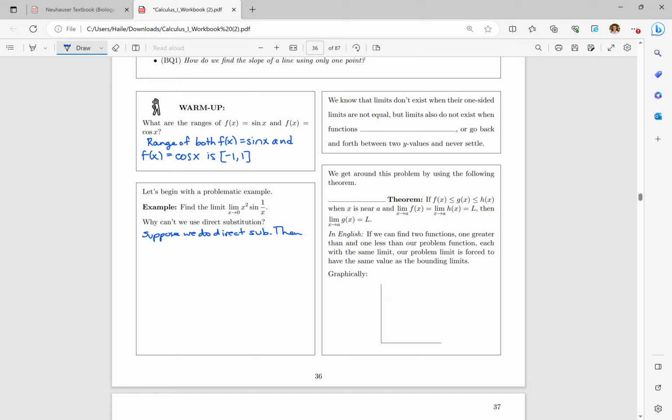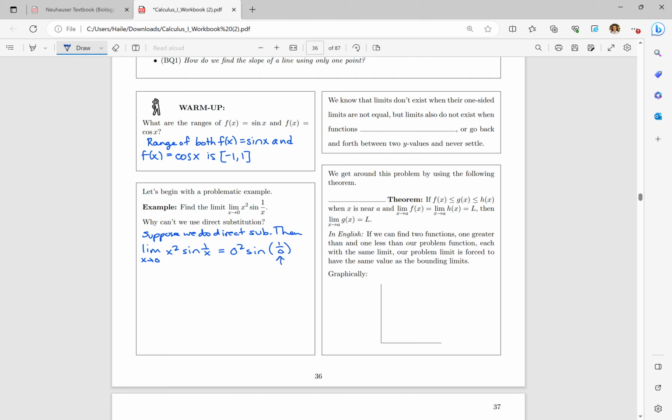Then we get the limit as x goes to 0 of x squared sine of 1 over x equals 0 squared times sine of 1 over 0. Okay, so this right here is really bad because we can't divide by 0.